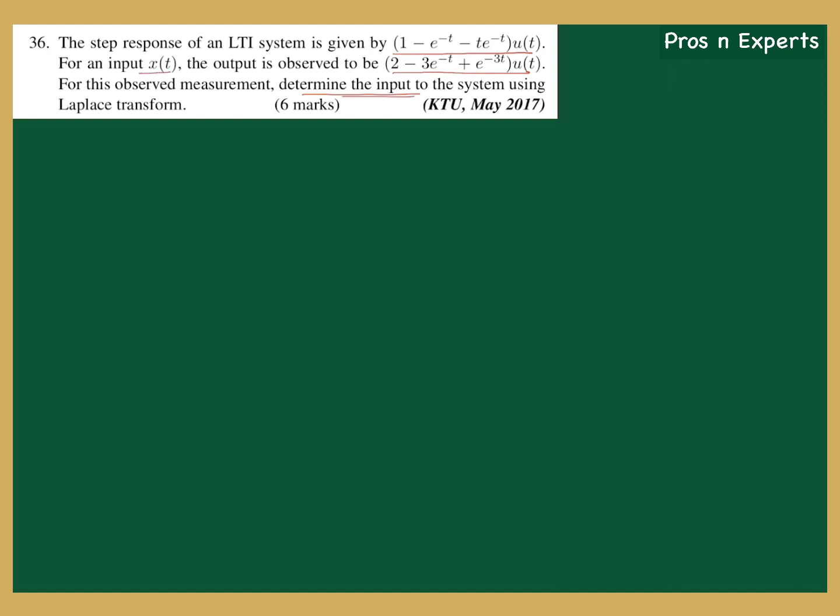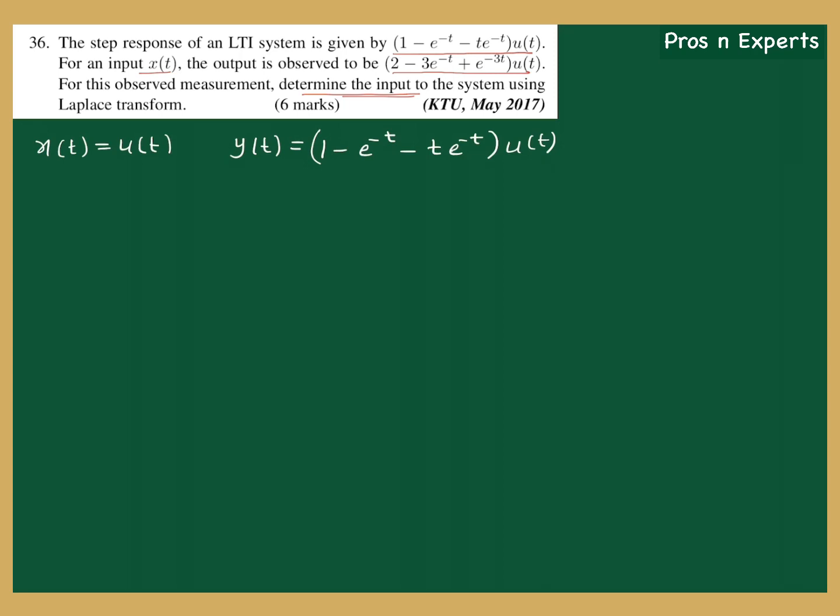Okay, so this is very simple. The first statement gives us the step response of an LTI system: when x(t) is equal to u(t), the output y(t) is called a step response. That step response is given in the first sentence, (1 - e^(-t) - t e^(-t)) u(t).